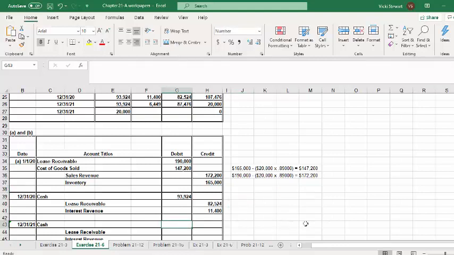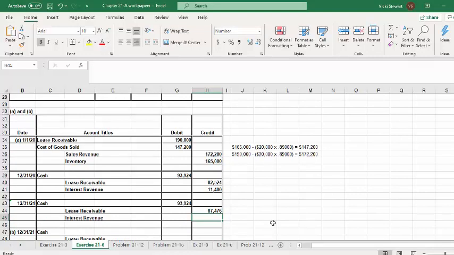The next payment we would receive would be at the end of 2021. So at the end of 2021, we would receive again $93,924. We would credit the lease receivable for $87,476, and we would credit interest revenue for $6,449.